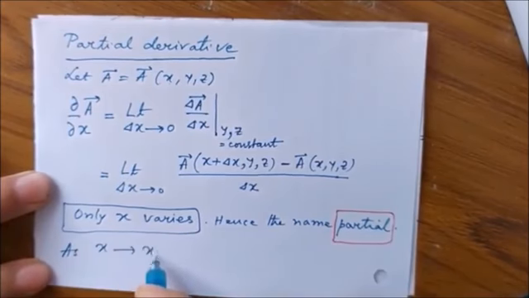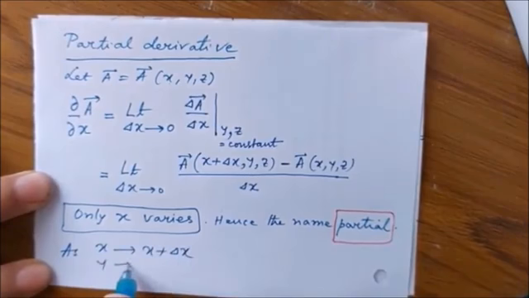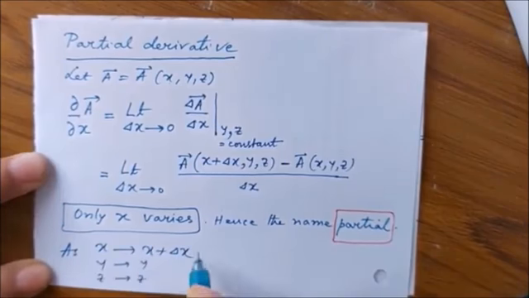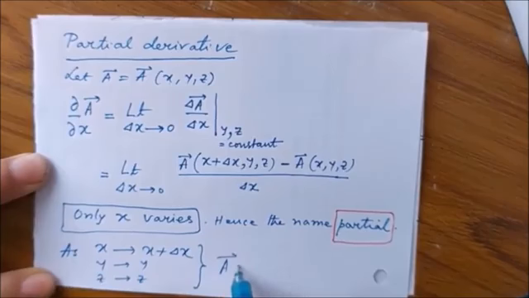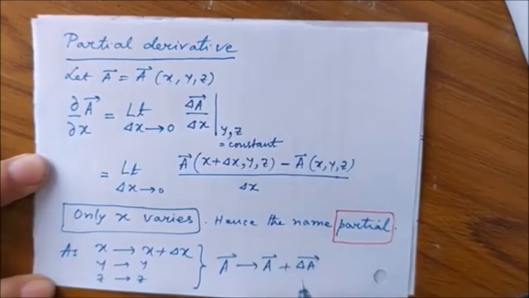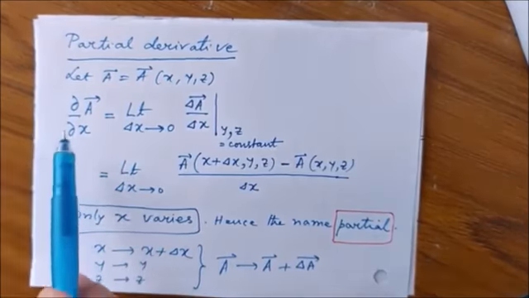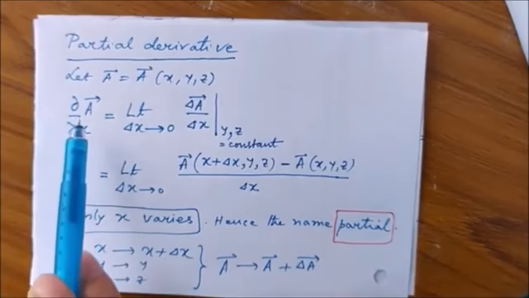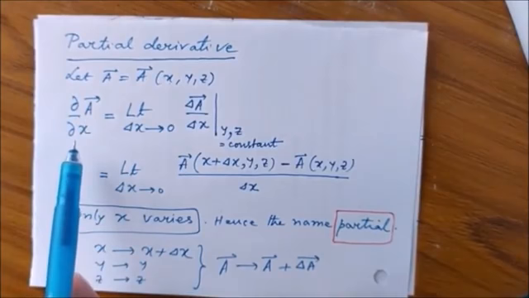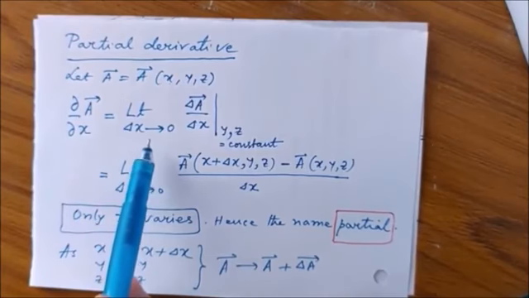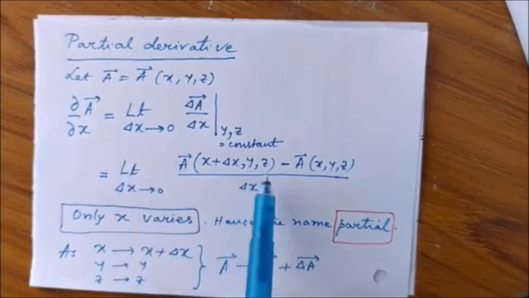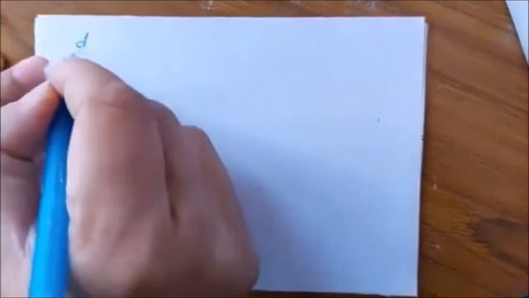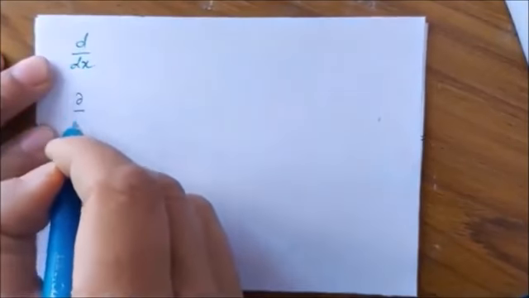So as x goes to x plus delta x, but y remains y, z remains z, vector A changes to A plus delta A. Then the ratio of delta A to delta x as delta x tends to 0 is defined as partial derivative. So partial derivative refers to variation in A per unit variation in x as delta x tends to 0, keeping all other variables fixed.